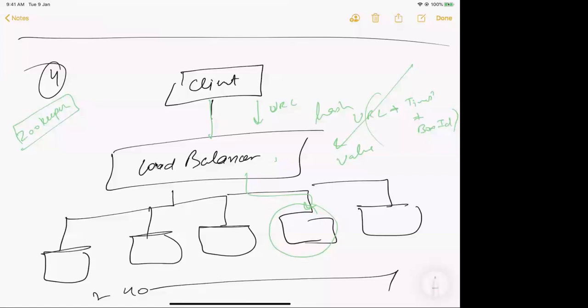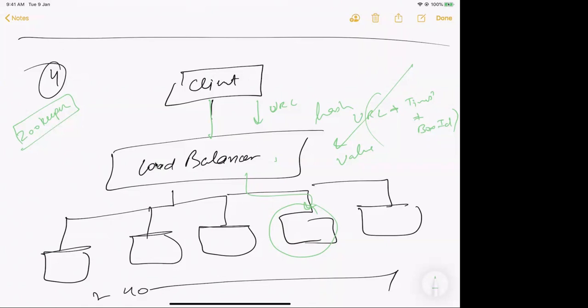Why box ID? Makes sense. Why box ID? The point is, the key that you are inputting to the hash function should be as diverse as possible. All of these boxes are running at the same time. Let's say two users come at the same time with the same URL. No matter how small the probability is, there is still a probability.